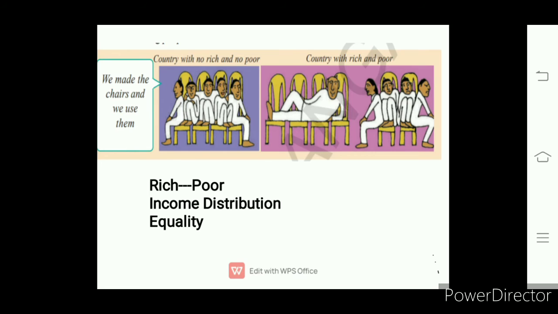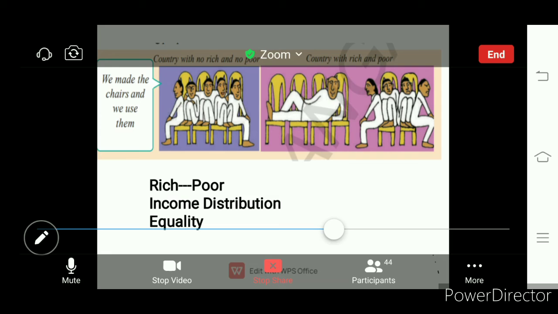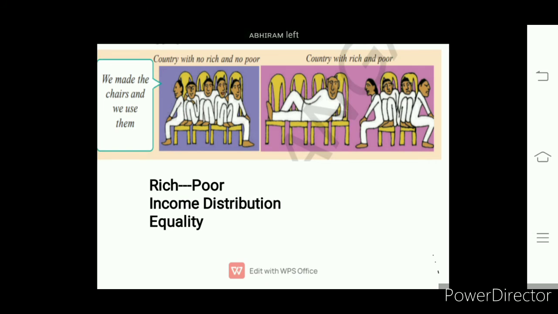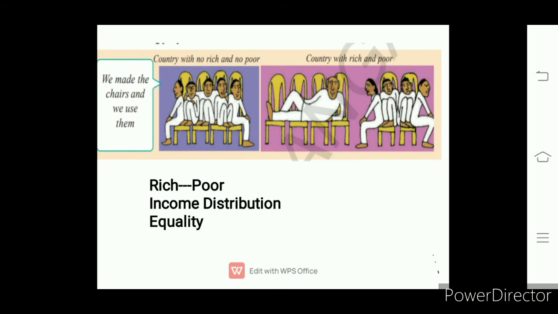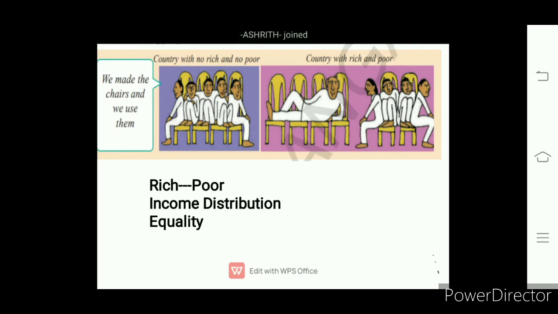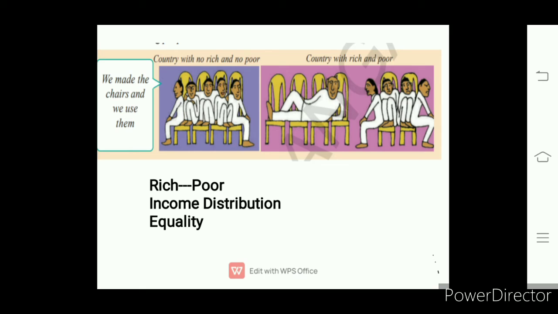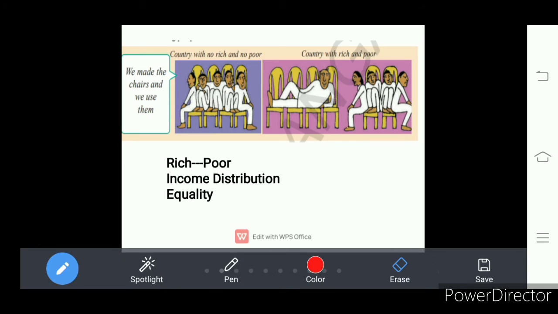It is to some extent useful, but it is not enough to know the development of the nations. Instead, look at this slide. What do you see here? In this slide, country A and country B are shown, right? In which country is there more or less equal distribution? We find it in country A.